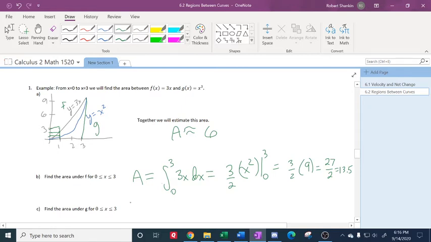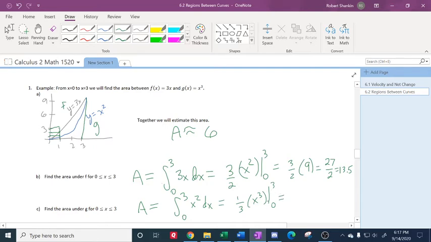All right. Next, we're going to find the area under G. And the area here, well, the G curve is x squared dx. So that's going to be x cubed over 3 from 0 to 3.